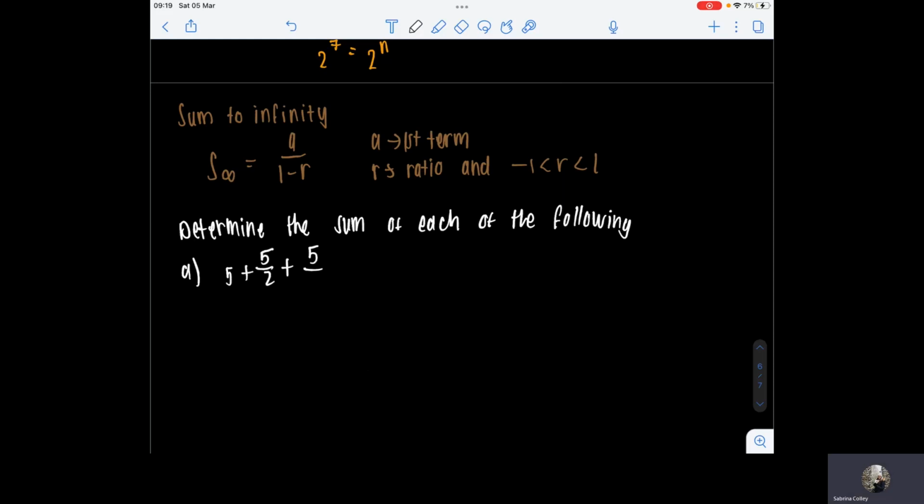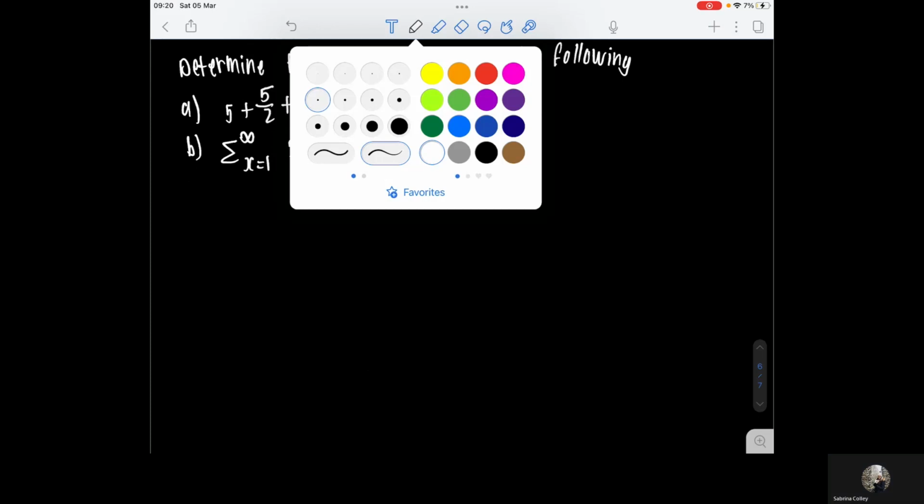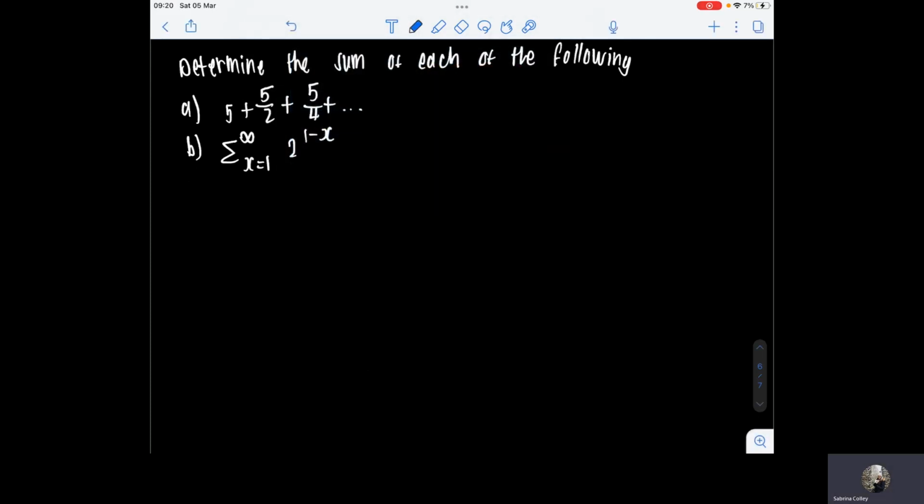What number this series will converge to. And then B, we can do maybe a sigma notation. Okay, so let's do these. So A, determine the sum of each of the following. Let me use my sum to infinity.